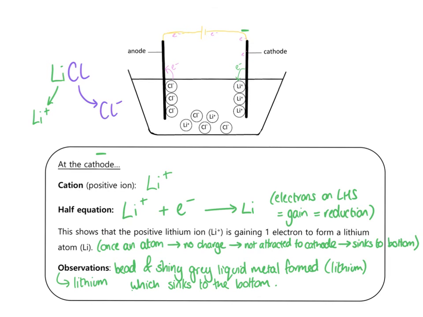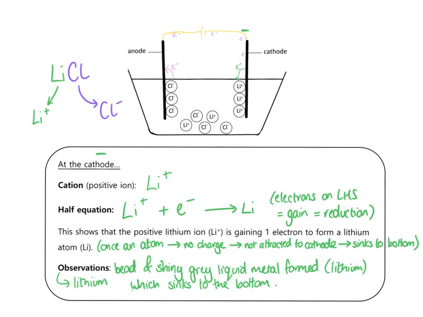So if you could fill that into your notes, your observations at the cathode will be that you form a bead of shiny grey liquid metal. Don't say silver metal, because silver is a different metal, and that sinks to the bottom because it's more dense than the liquid electrolyte, and it's a liquid because of the high temperatures that we use.